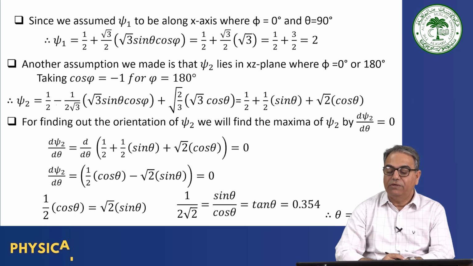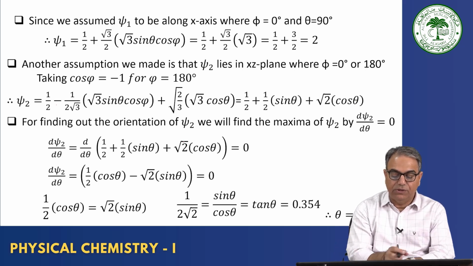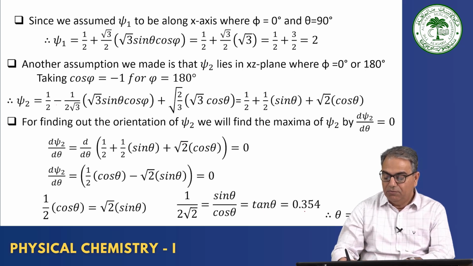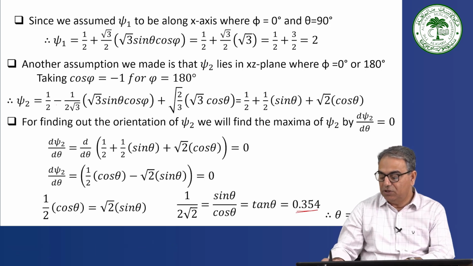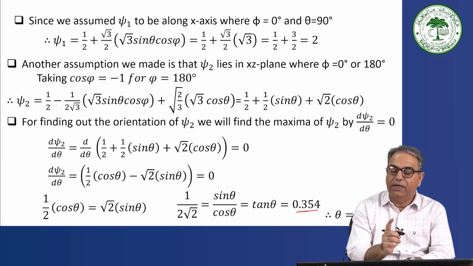Now if you want to find the maxima of the psi 2 function, what will you do? You will differentiate the psi 2 function with respect to theta, and then you get tan theta equal to 0.354, and this theta comes out to be 19 degree 28 minute. Remember that your first function is along the x-axis.